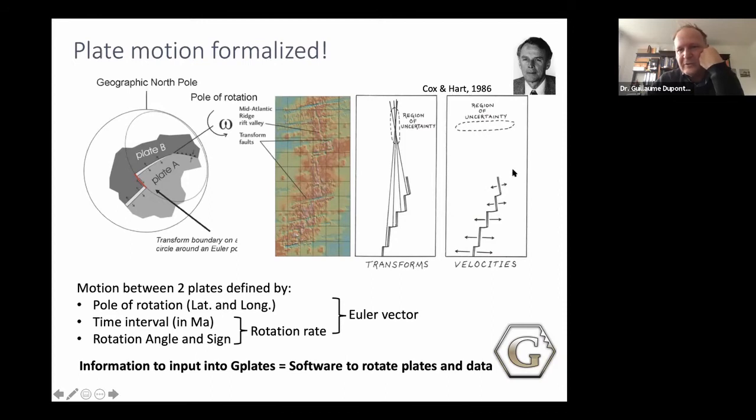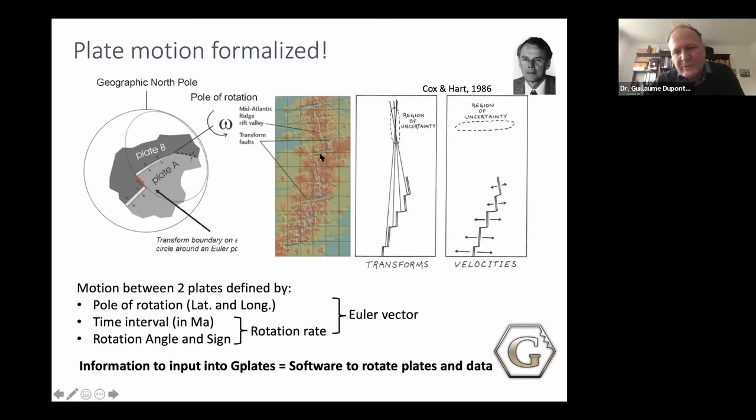This was formalized already by Alan Cox. This is one of his drawings. And you can see that you get velocities from the marine magnetic anomalies, but this will result in an uncertainty on the pole of rotation. And actually between the different parts of the oceanic crust, there are these transforms.